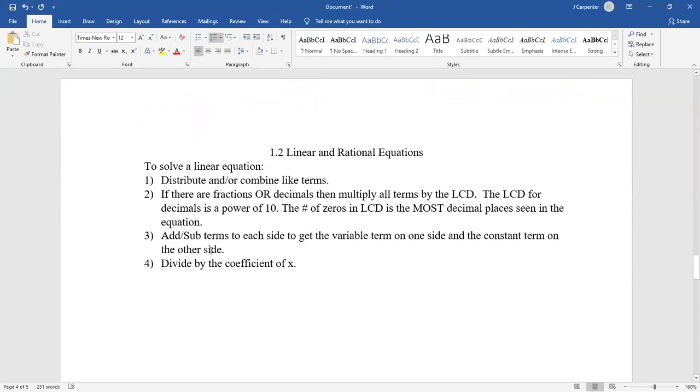So these are very important 4 steps to be taken at some point in this suggested but not mandated order for you to solve simple or even more complicated linear equations. What does it mean for an equation to be linear? There's no x squareds, there's no x cubes, there's no square roots, there's no absolute values, there's no fractions with variables in denominators.